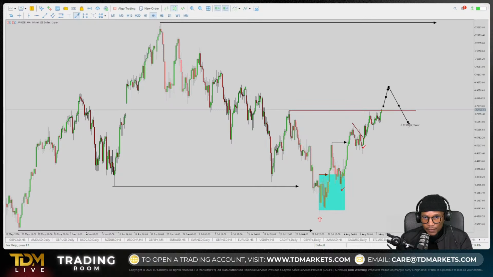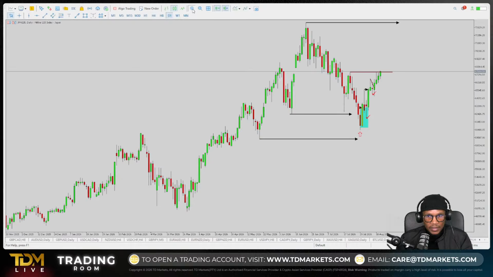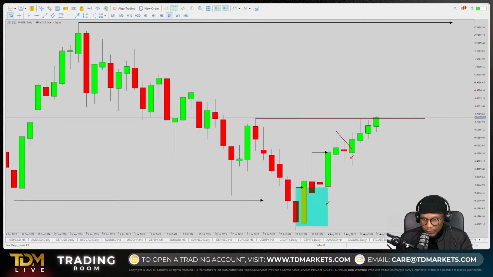If we get a correction, that will be good for a continuation towards the upside. But all we're looking for is a break of the structure, create new structure, and then we'll take it from there. So nothing has happened on the Nikkei as yet.